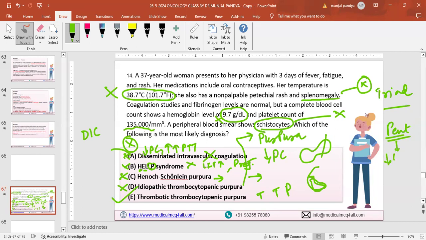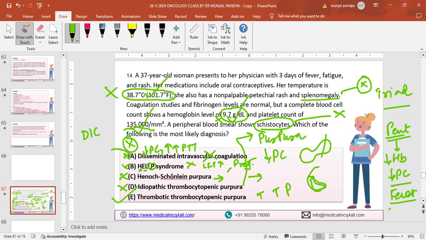There is anemia, low HB. Yes, it is there. 9.7 is a low HB, obviously. Low platelet count, thrombocytopenia. Yes, low platelet count. Third thing, usually many times, there is a fever. Yes, 101 fever.